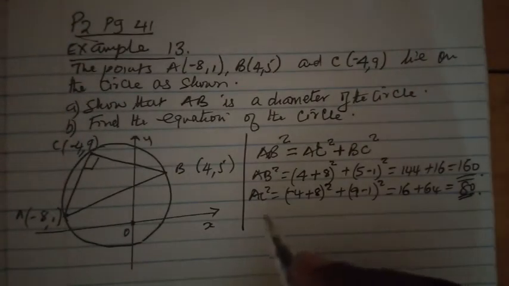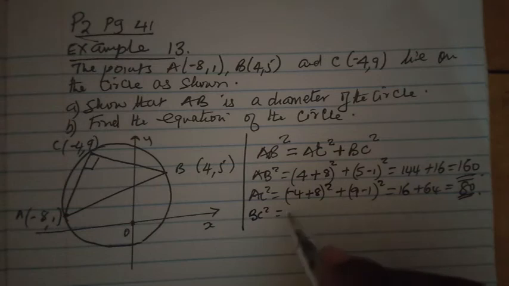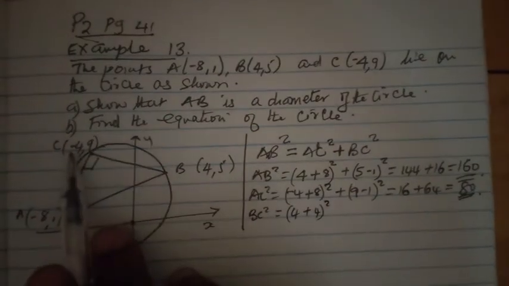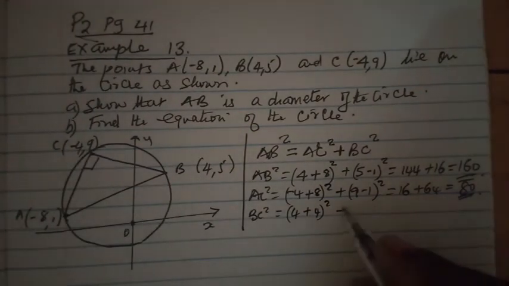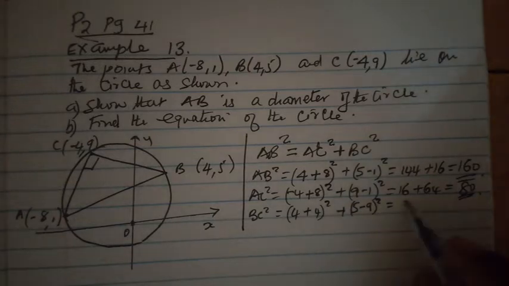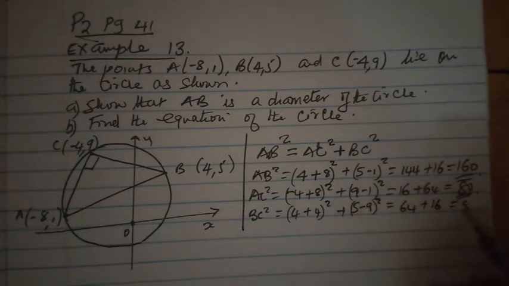And let us talk about BC squared. BC squared is (4 minus (-4)) squared plus (5 minus 9) squared. This is 4 plus 4, which is 8, and 8 squared is 64. 5 minus 9 is minus 4, and minus 4 squared is plus 16, which is 80.